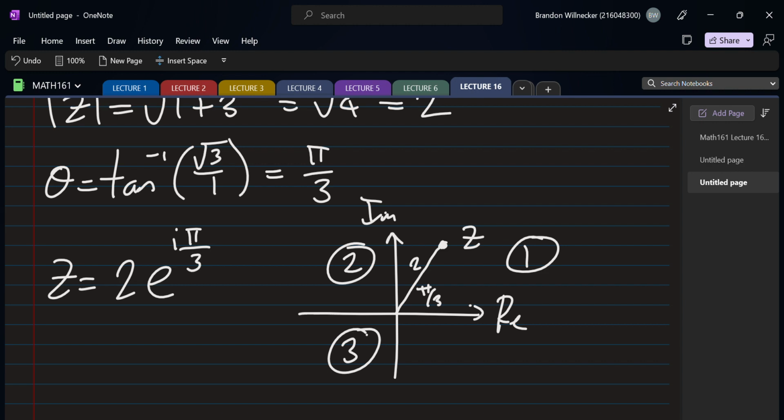And if the real part is positive and the imaginary part is negative, you should be down here. Okay, so that will give you an idea of which quadrant you should be in, based on the angle. So 0 to pi over 2, quadrant 1, pi over 2 to pi, quadrant 2, and similarly for 3 and 4. Okay, so that's how you can go from angles to Cartesian or Cartesian to polar, by looking at the angle here.